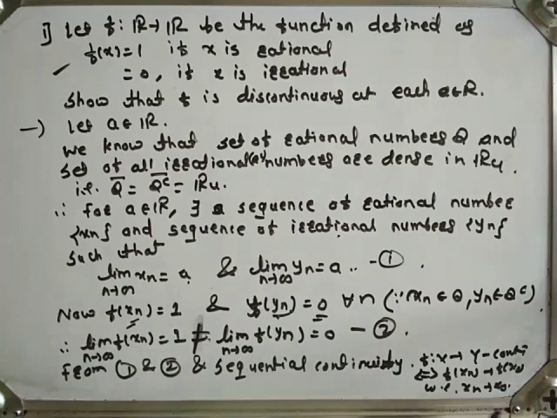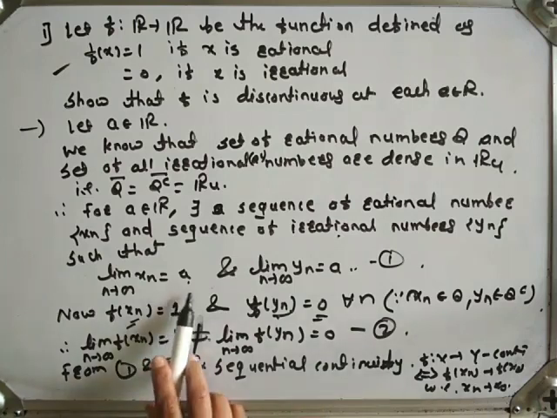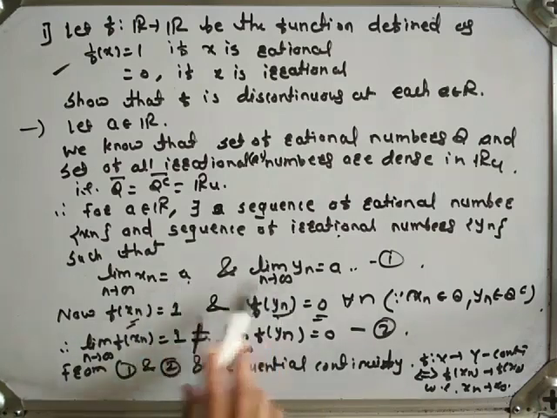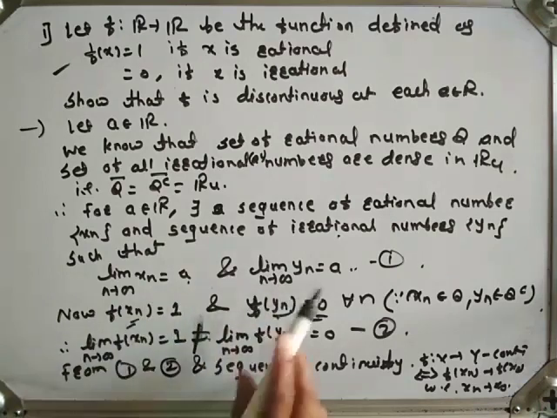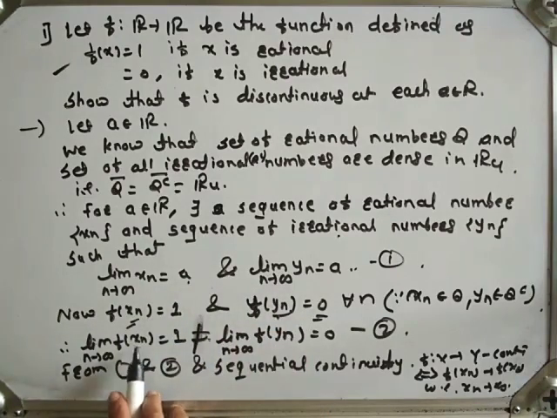Now see here, your xn and yn converge to the same limit, but f of xn and f of yn do not converge to the same limit.